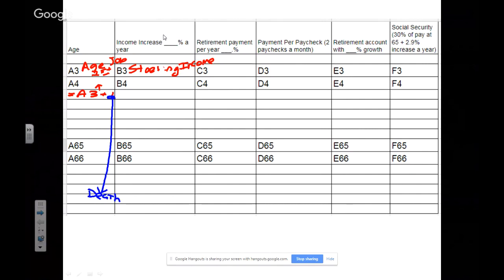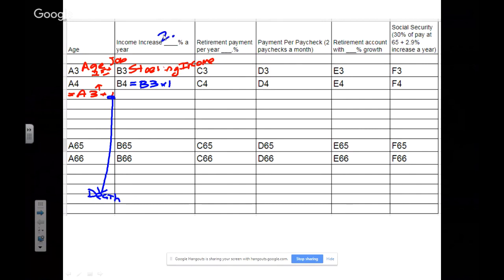Equal. This is going to equal B3 times 100. And let's go ahead and just put a number up here for the sake of sanity. Give me a growth number. 10's way too high. 2.5 makes sense.